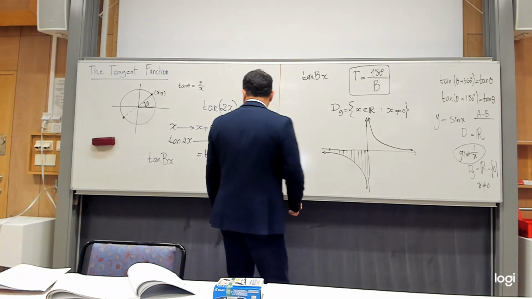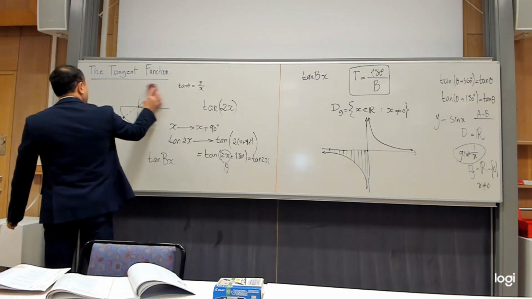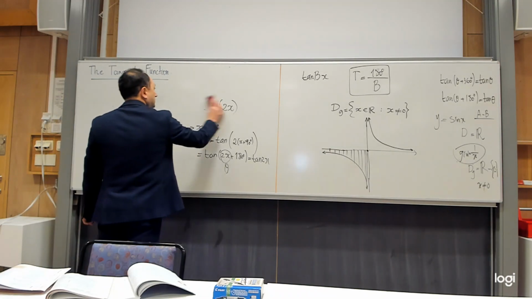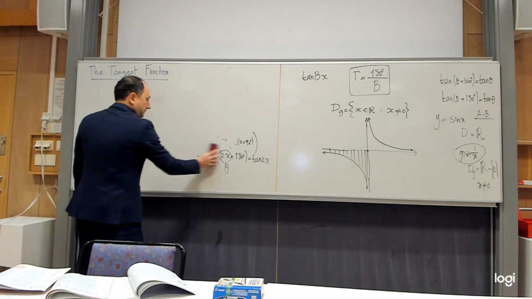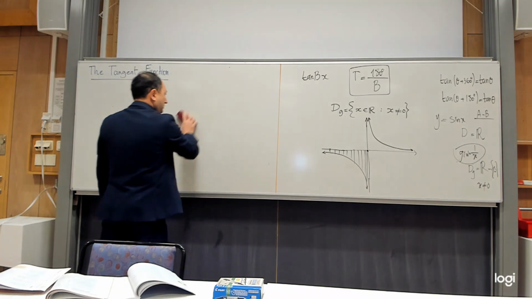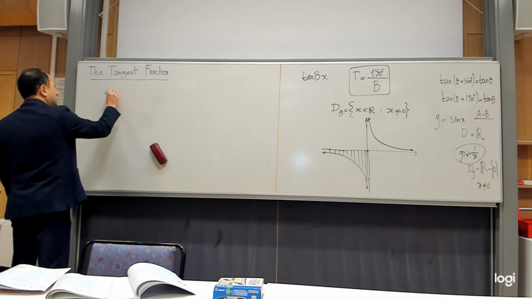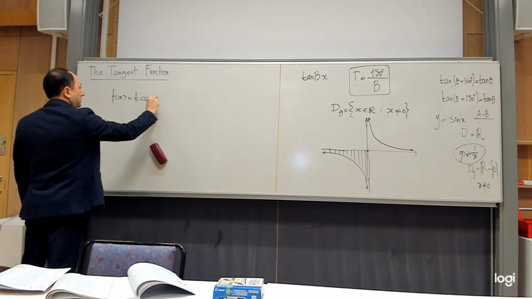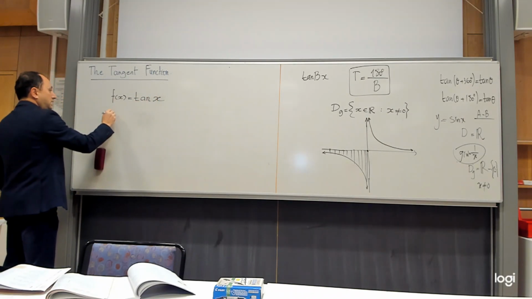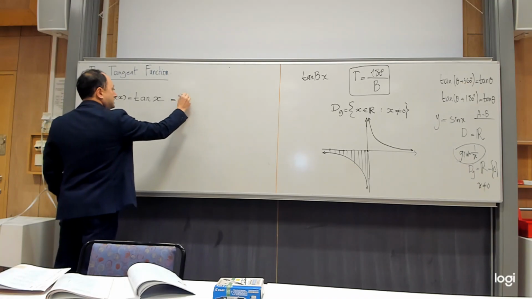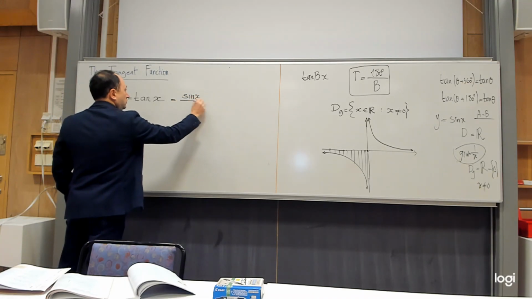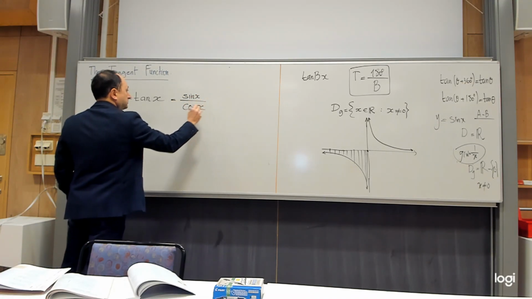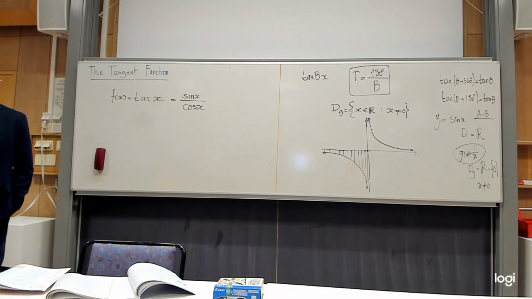Yes? So let me ask you, now let us talk about this more formally. f of x is the function that we want to talk about. This can be written as sine x over cosine x. Okay?